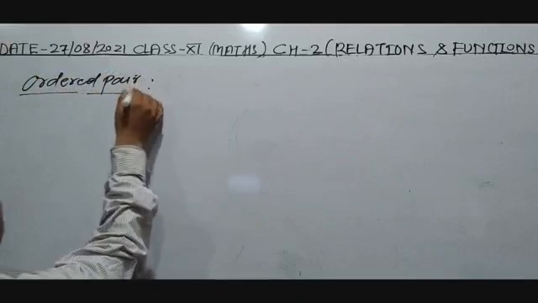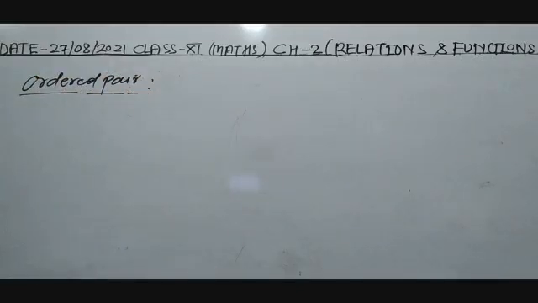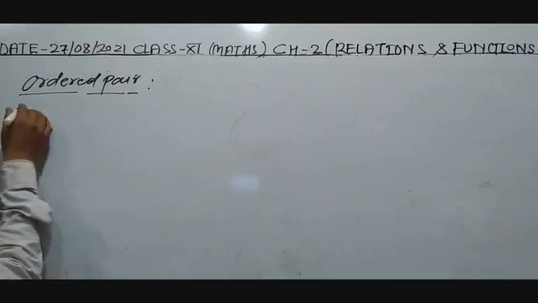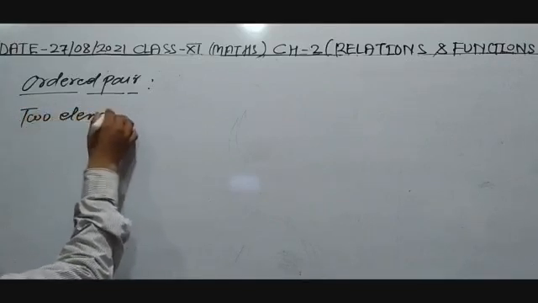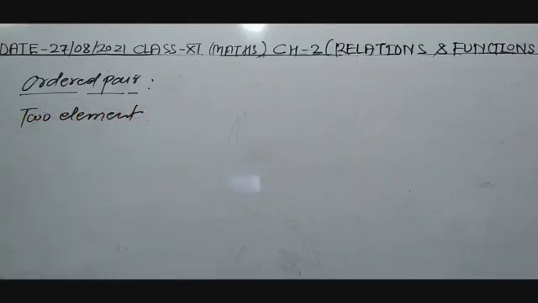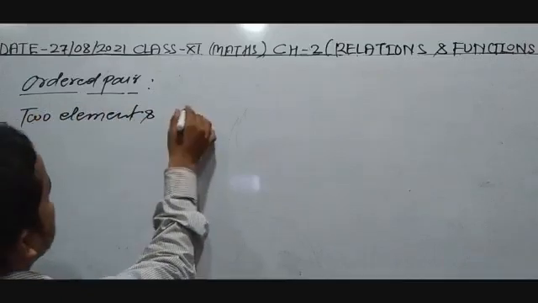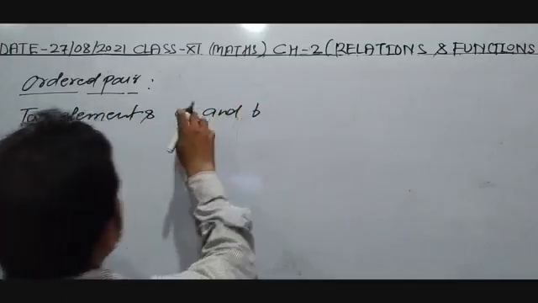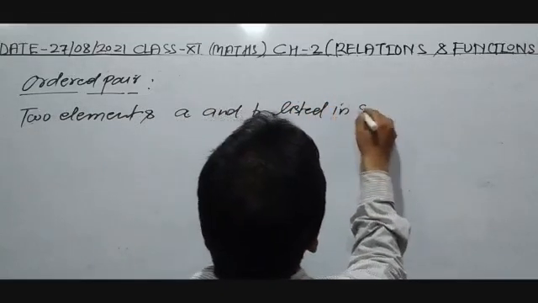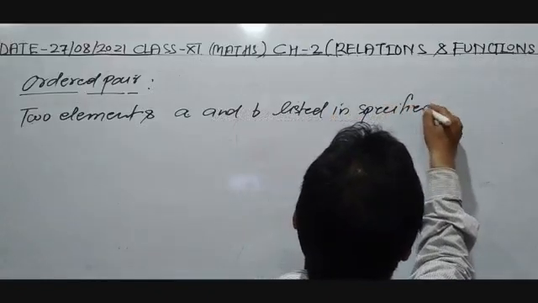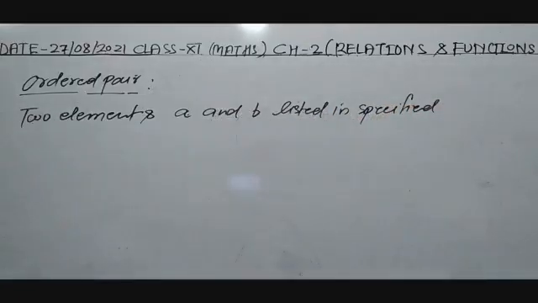Now what is an ordered pair? Suppose you have two elements, small a and small b, listed in a specified order.